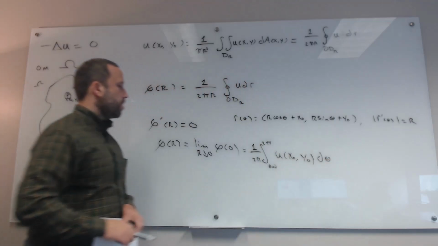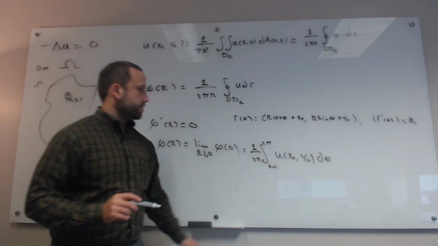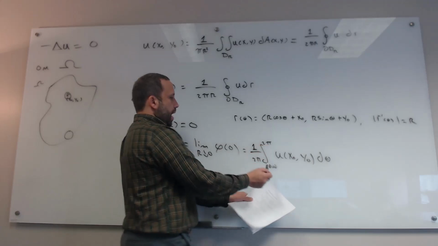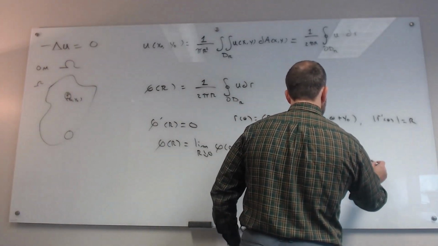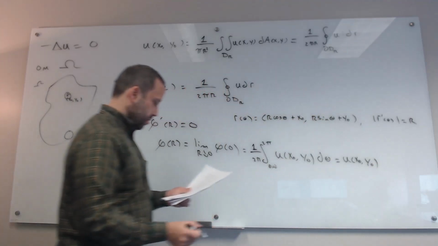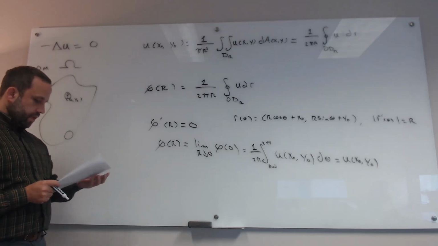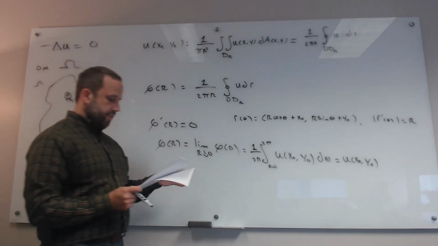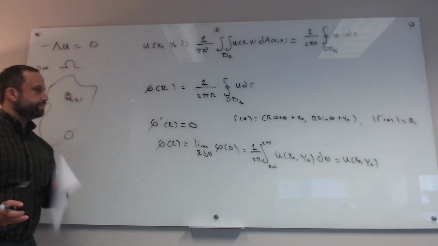Well, as far as theta is concerned, this is now a constant. And so it's going to be an integral of a constant over length 2 pi, divided by 2 pi. This is u of x naught, y naught. Okay. I will actually say that the version that I just wrote here is a little less complicated than what I have in the notes.